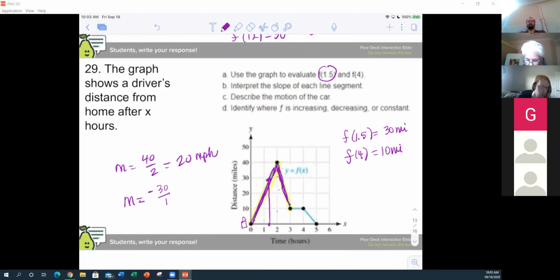Okay, so the slope, though, he's going 30 miles per hour, but he's coming back home, right? It's 30 miles per hour, but going back home.